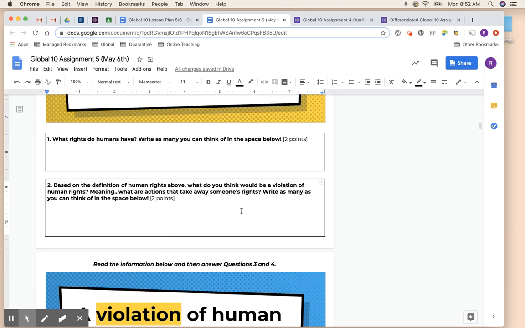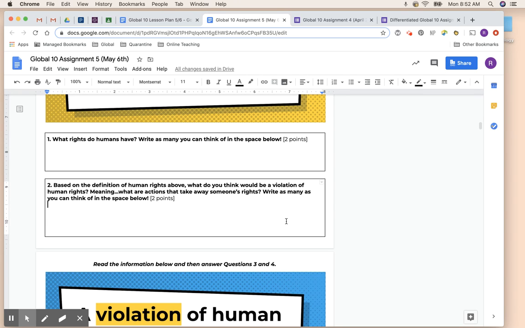It says, based on the definition of human rights above, what do you think would be a violation of human rights? Meaning, what is an action that's taking away somebody's rights? Write as many as you can think of in the space below. For example, if freedom of speech is a right that I as a human have, a violation of it would be, let's say I wrote something negative about a politician on Twitter.